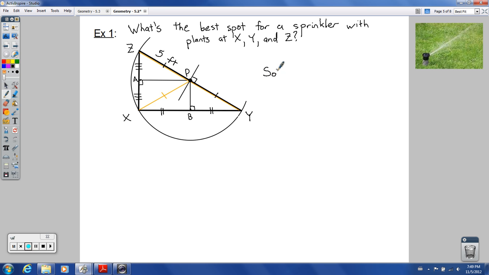The best spot, I'll put SOLN for solution. I would say point P is the best because it is the circumcenter. It's going to be the same distance away from all those points. It's the circumcenter.